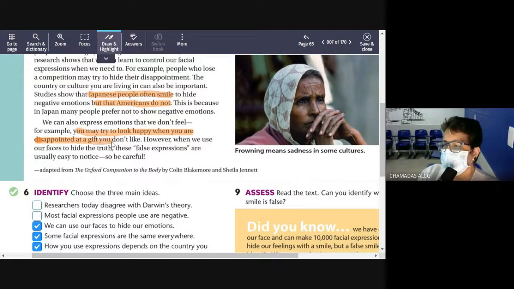When you are, for example, celebrating your birthday and someone gives you a gift and you don't really like it, but you don't want to show it, you try to pretend you like the gift, but in reality, you don't like it. You don't want to show you were disappointed, right? So you try to look happy, okay?